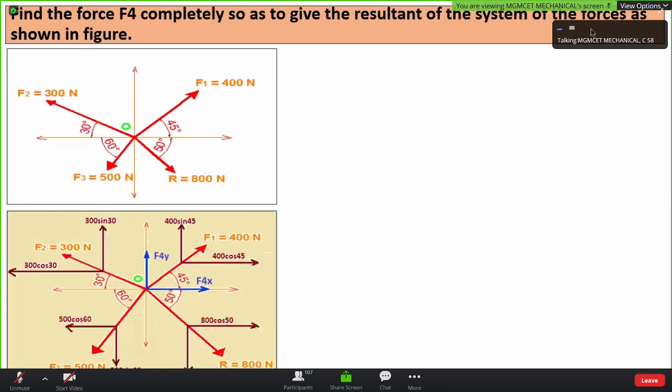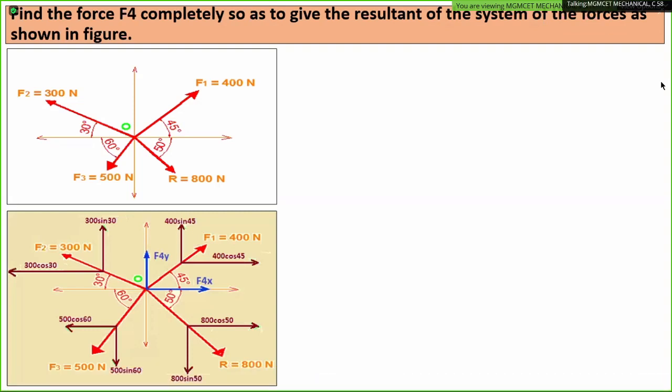I have to find out F4x and F4y. Yes, sir, the resultant force formula was the square root of sum of Fx squared plus sum of Fy squared. By using that one. Will I get the summation of Fx here? If I write the equation summation of Fx, will I get any answer or will some unknown be there? Definitely one unknown will be there.